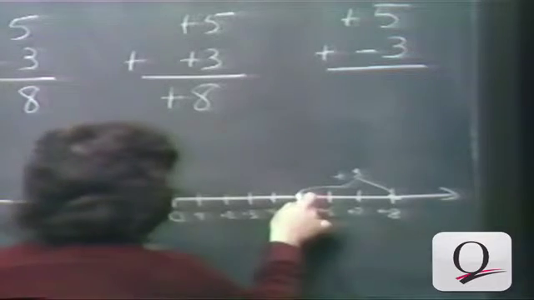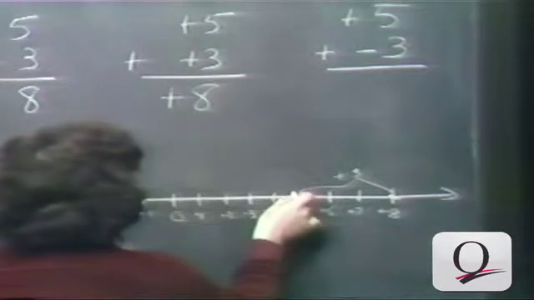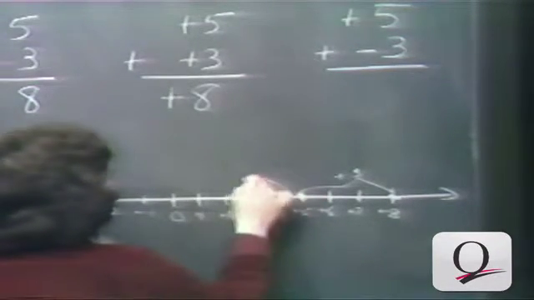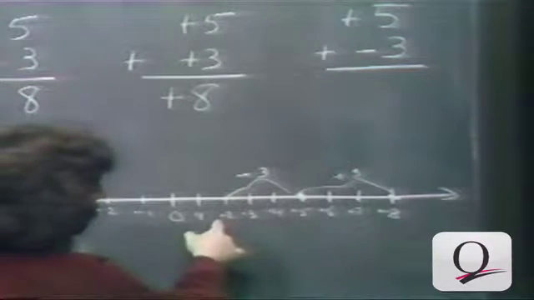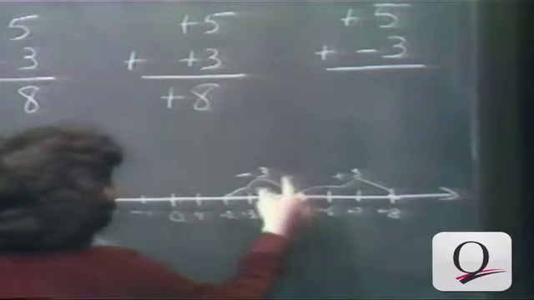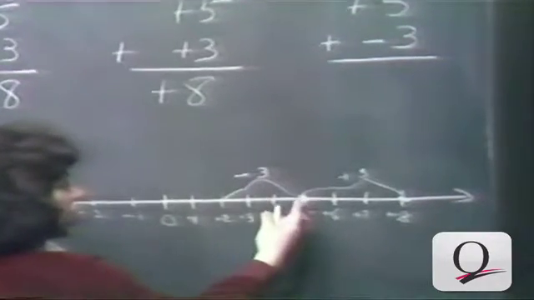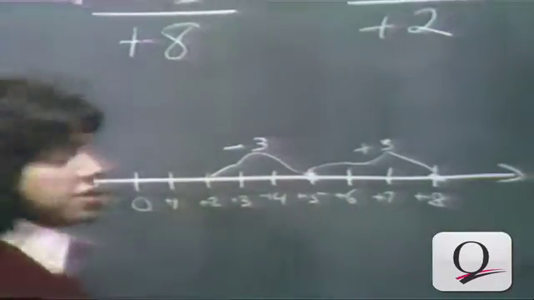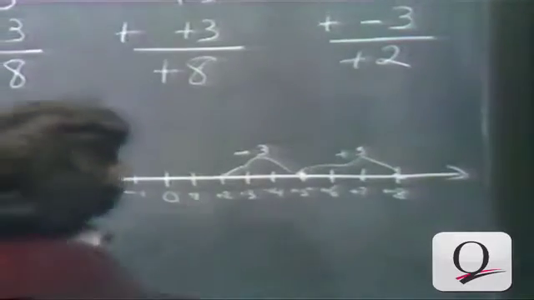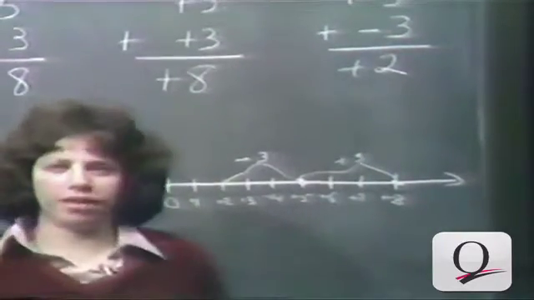We're at plus 5 and we're adding a minus 3. We move 3 units to the left, landing us here at plus 2. Or you have $5 in the bank and you write a check for $3, leaving you with $2 in the bank.